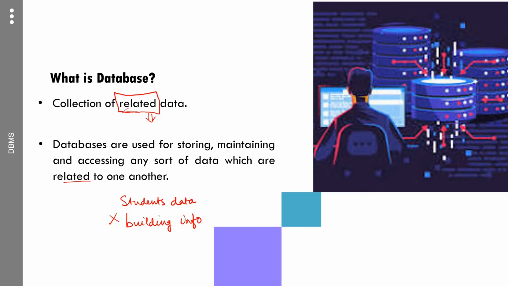But for the students, I need some teachers, so I can keep teacher information along with the student. So student information and teacher information, they are related to one another. So I will keep that in the same database, but I will not keep building related information along with the students database, because these two are totally unrelated data. So database contains, remember, only related data.